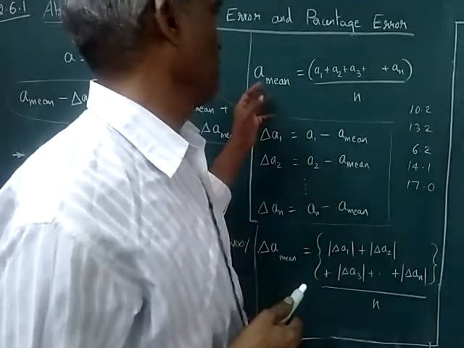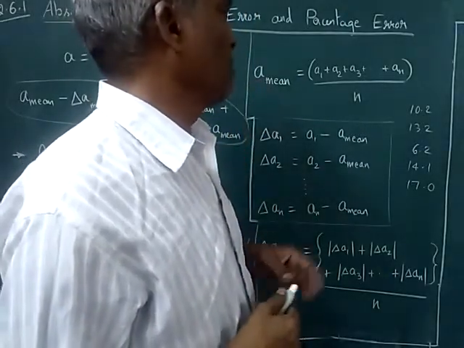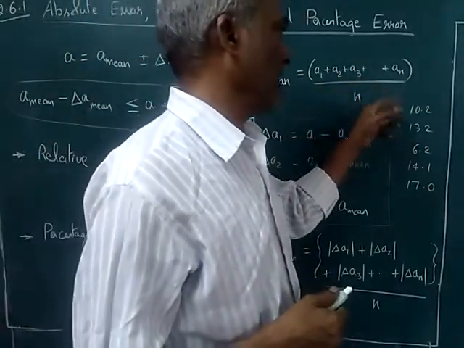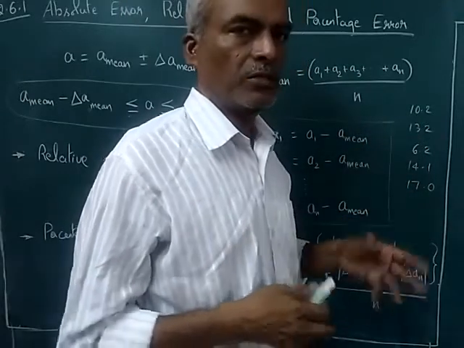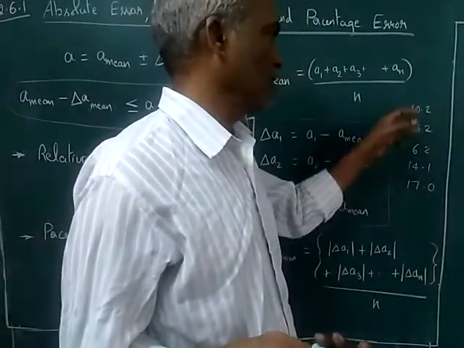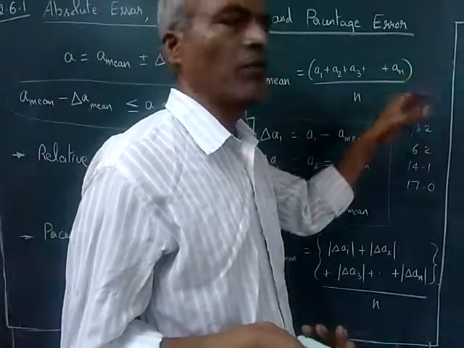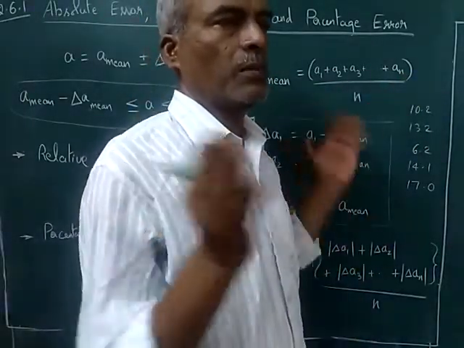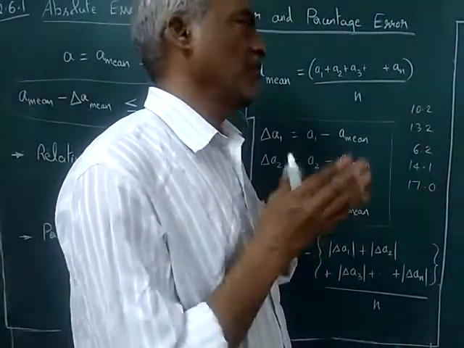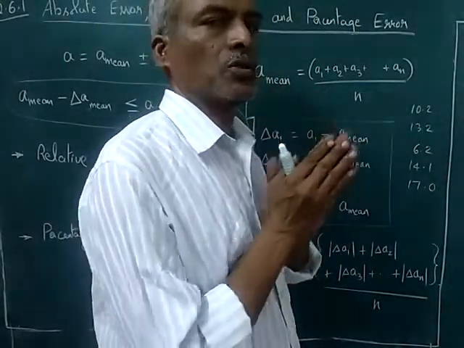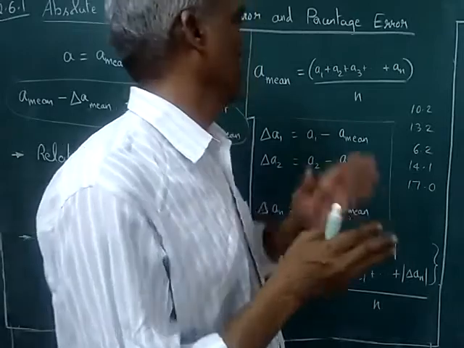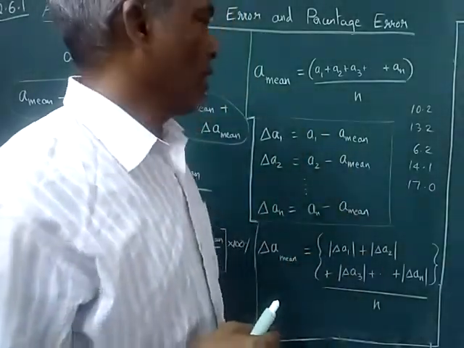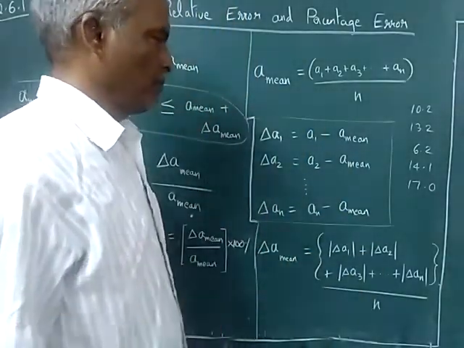So A1 plus A2 plus A3, and so on; I have stopped with 5 readings. You may take 10 readings, in that case n will be 10, divided by 10. That means you sum up all the observations, and if there are 10 readings you add all of them together and divide by 10. That gives the average value of the particular measurement.